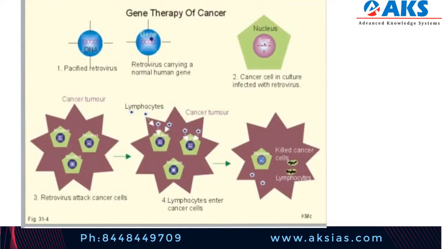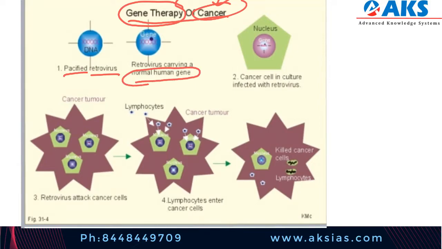Now we are discussing gene therapy for cancer, that is how gene therapy can be used to treat cancer. This is a pacified retrovirus. The next is a retrovirus carrying a normal human gene. Here in the nucleus part, the cancer cell in culture is infected with retrovirus.